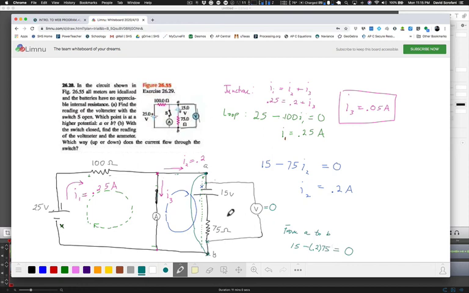And similarly, if I did the same thing around this side, what I would find is that the voltage difference between, say, I don't know, this point X and this point X is also 0. Why? Because I go up 25 and then I lose 0.25 times 100, which last time I checked was 25. Gain 25, lose 25. So the delta V from this point to this point is 0 if I go this way.